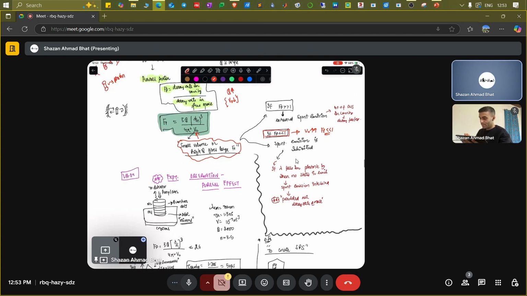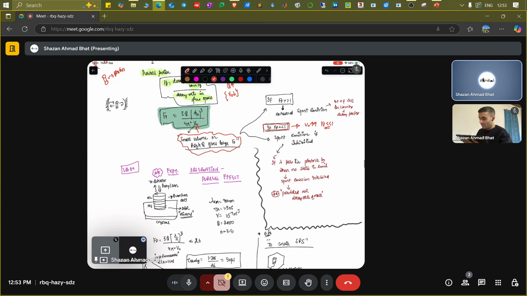What does that mean? That means the wavelength you are talking about falls in the photonic band gap region. If you have some photonic band gap inside this particular cavity, then the wavelength will fall in this photonic band gap region, and you no longer will have spontaneous emission if the Purcell factor is less than 1.